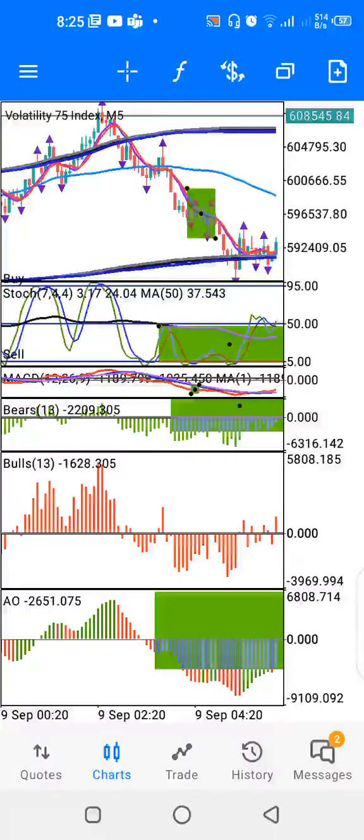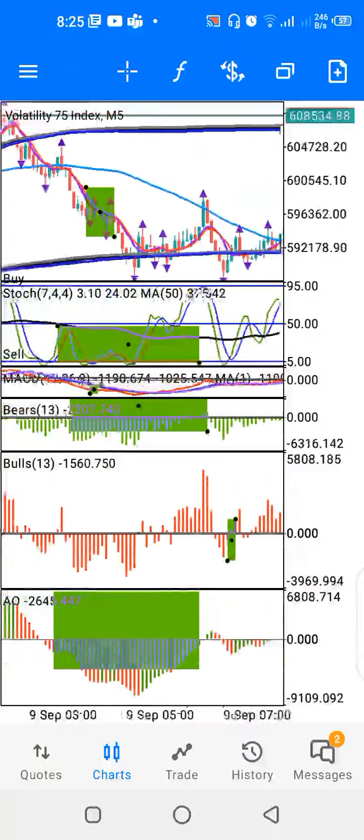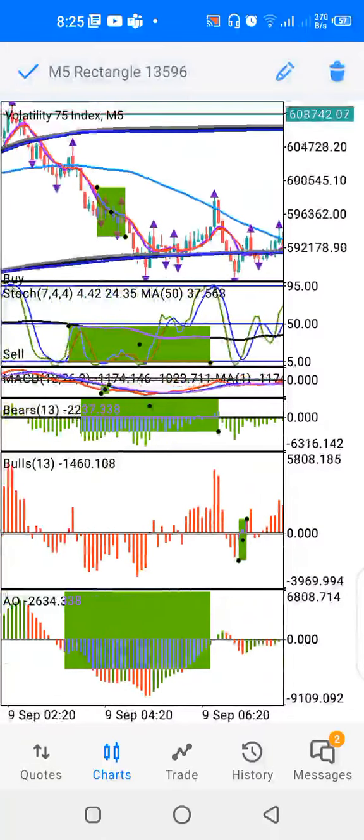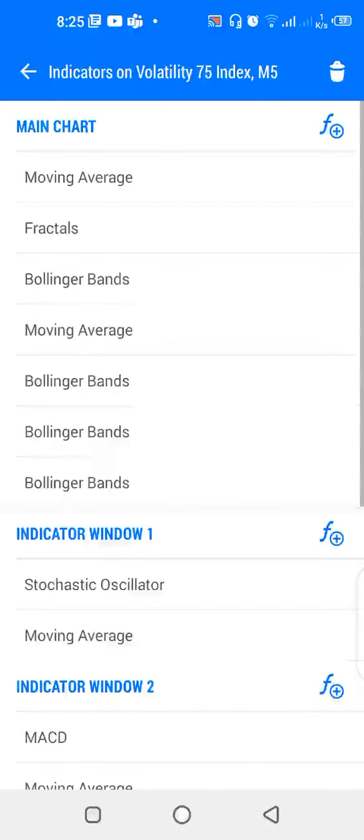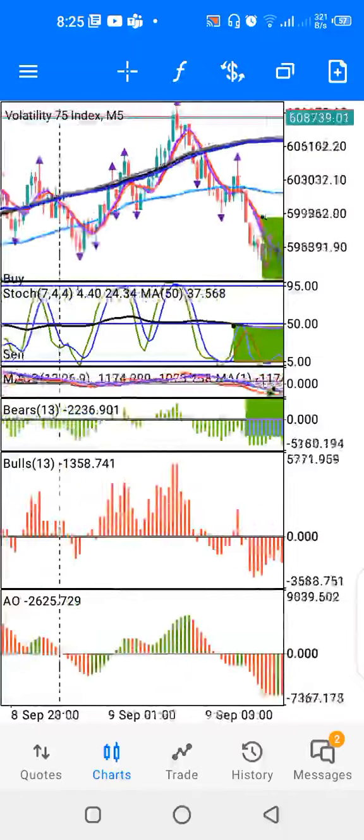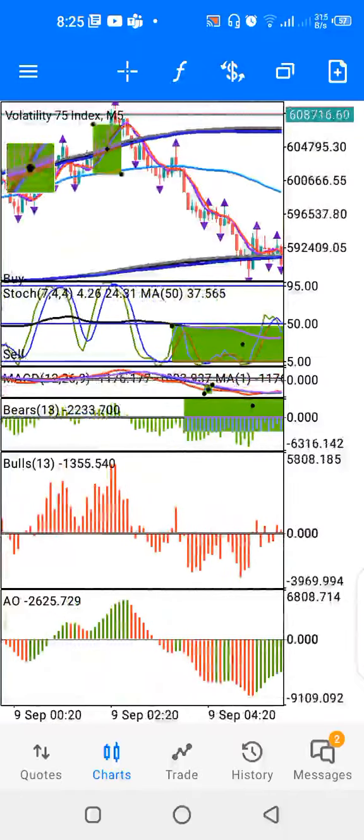Okay, so how do you use that to know when to buy and when to sell? So obviously indicator window 5 is the easiest, where price has a swing high and you're looking for where to sell.